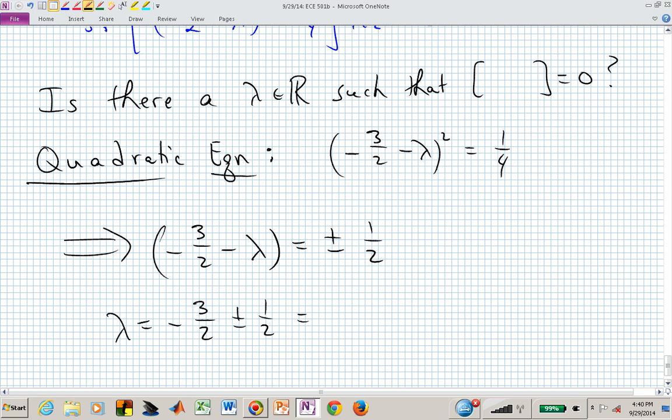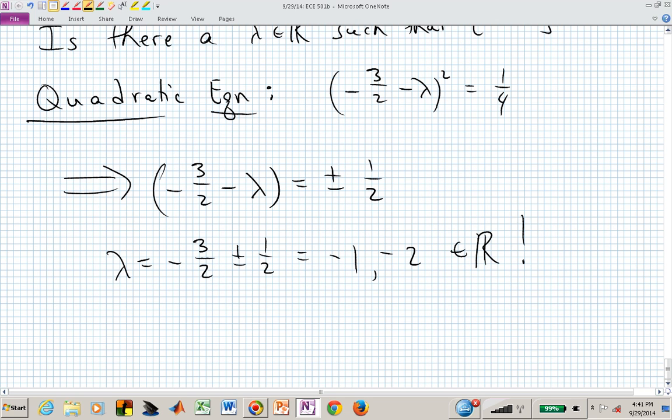Or we have minus 1.5 plus 1/2, giving us minus 1, and minus 1.5 minus 1/2, giving us minus 2. We now have exactly the same eigenvalues that we had in A1 and A2. It's just now they were sort of buried in this a little less trivial matrix B. But we do have real eigenvalues. Where are the eigenvectors?